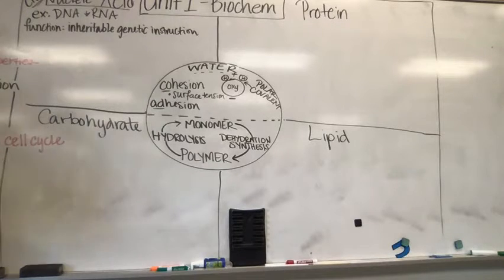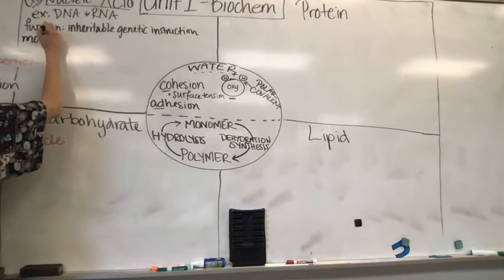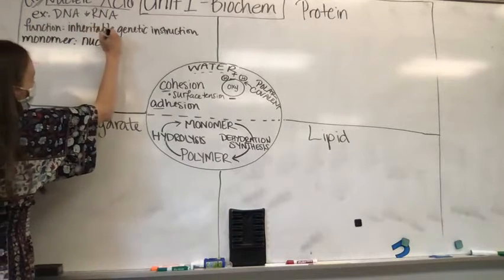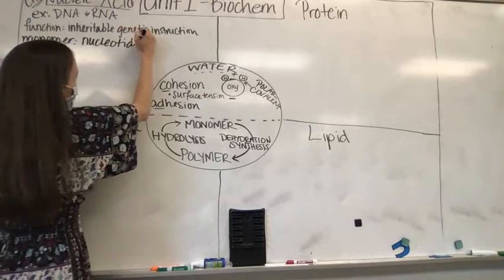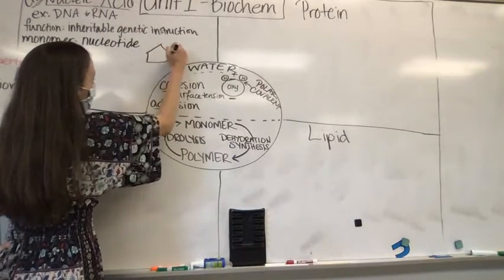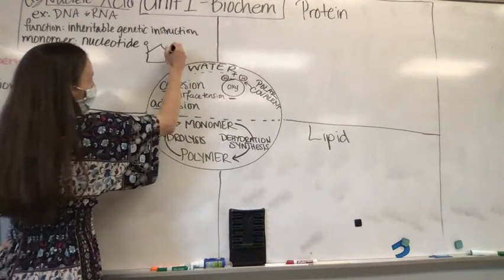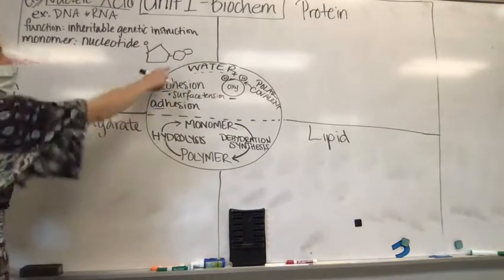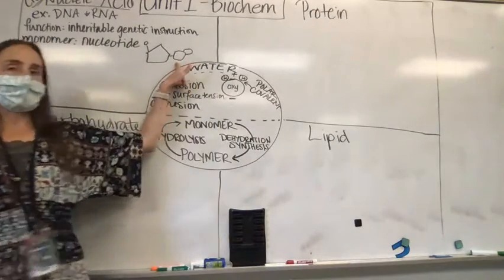Okay, its monomer, so then structure here. So its monomer is a nucleotide, and I'm going to draw a little one here, and then I'm going to go over there and enlarge it so that you don't have to try to read my tiny writing. Okay, I drew a purine, right?